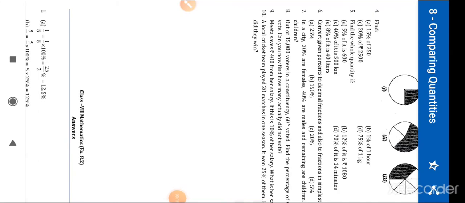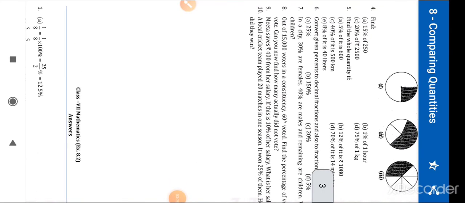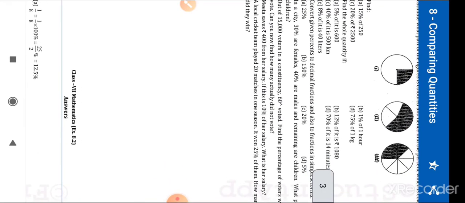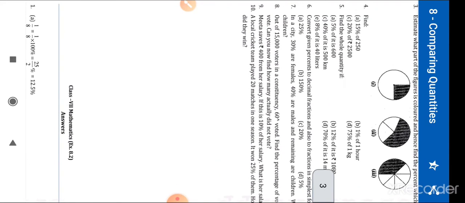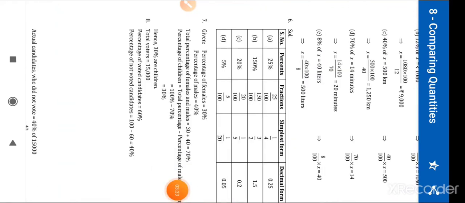The next question is, out of 15,000 voters in our constituency, 60% voted. Find the percentage of voters who did not vote. Can you now find out how many actually did not vote? So students, it is given in the question that total voters are 15,000. The percentage of voted candidates is 60%. So the percentage of not voted candidates is 40%.